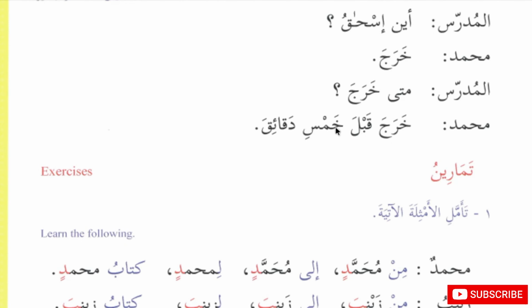So it's khamsi daqaiq. Now this would be daqaiqi, but because daqaiq is a plural, and it's one of those plurals that is mamnu min as-sarf, it will not take the kasra. So it will be خرج قبل خمس دقائق.